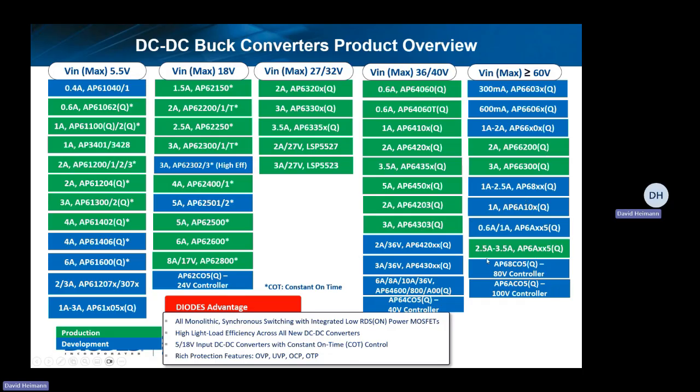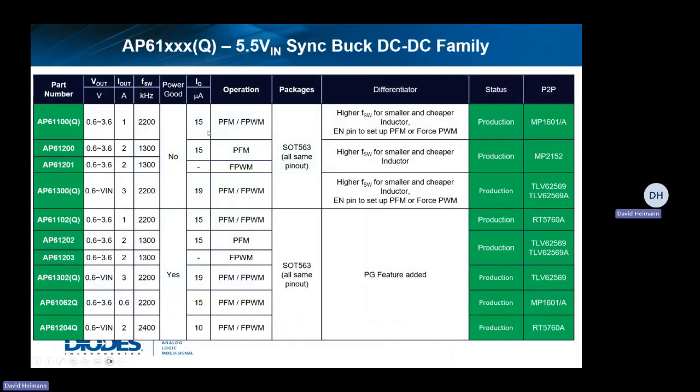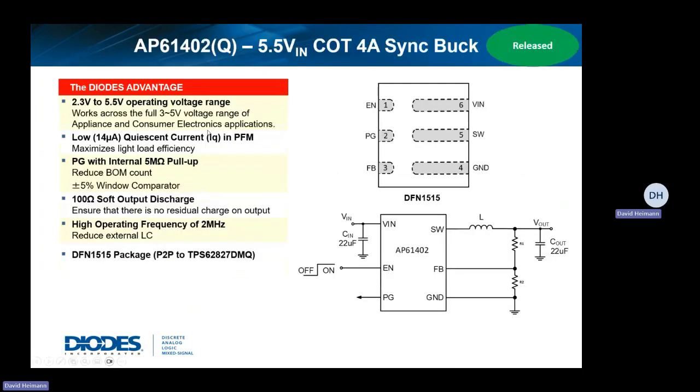Converters, we actually have some controllers as well. Most of these parts have a pin-for-pin drop-in to another manufacturer. Most of it's going to be TI, but we support others as well. So you have the ability now to have a dual sourced power tree in many cases using Diodes parts. I have a lot of backup for that.